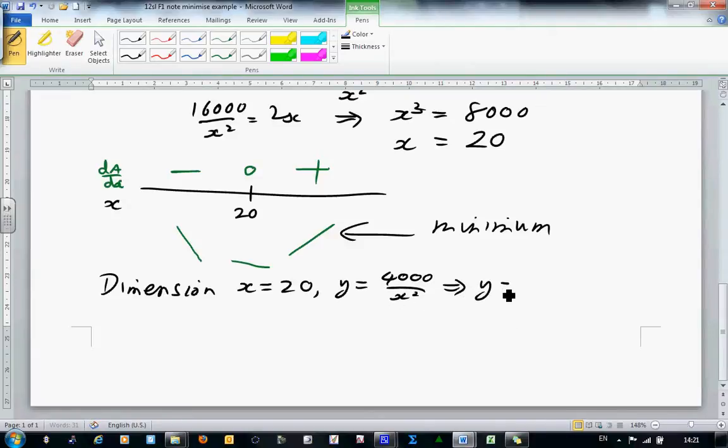So our dimensions are going to be 20 centimeters by 20 centimeters, that's our base, by 10 centimeters, which is the height. And so that is the actual result and the answer we're looking for.